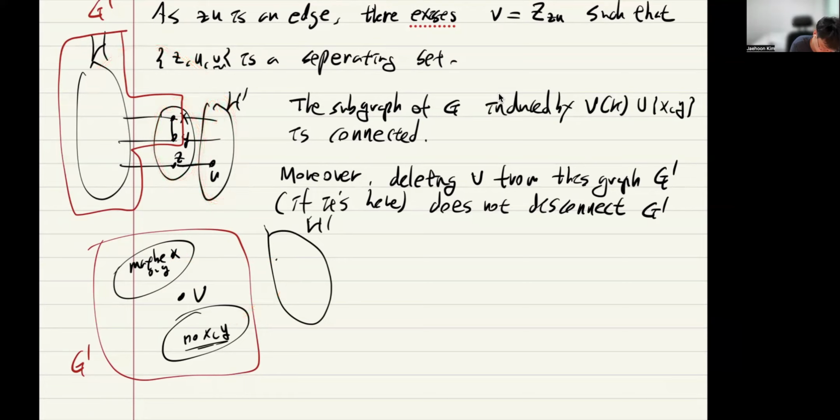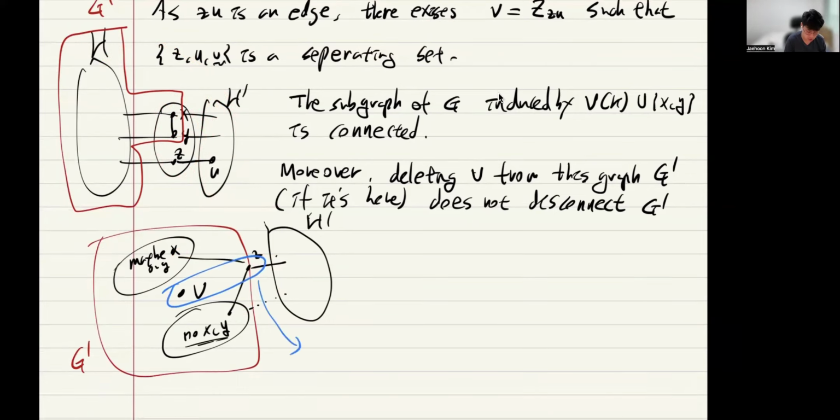So there are no edges from here to here. Only G should have edges. That means these two vertices connect this, let's say this is H1, H2 from other.